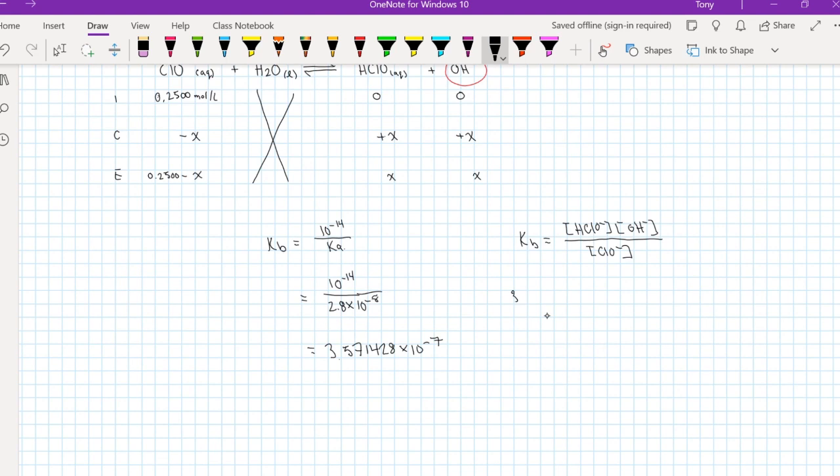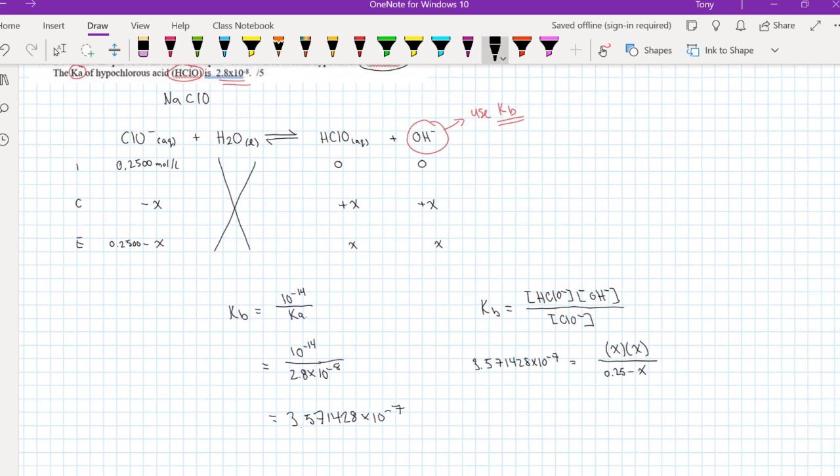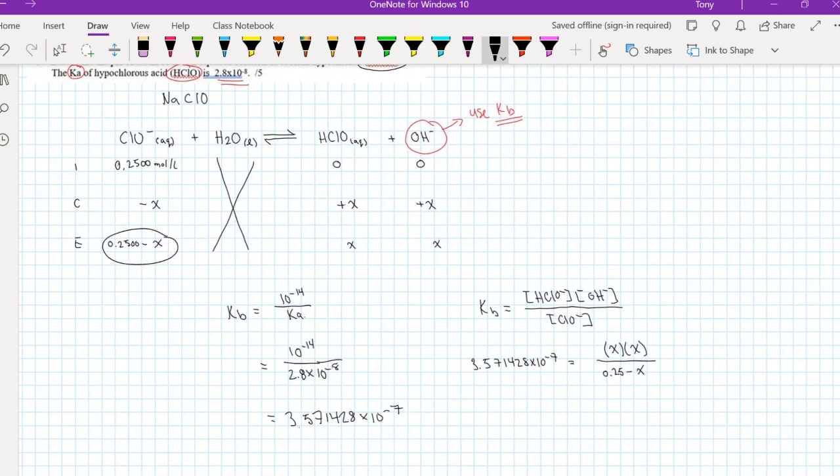Using our value of Kb that we just got, we can plug it in, along with our expressions from our equilibrium column, which is X times X over 0.25 minus x. Those are our equilibrium expressions coming from the E column of our table.